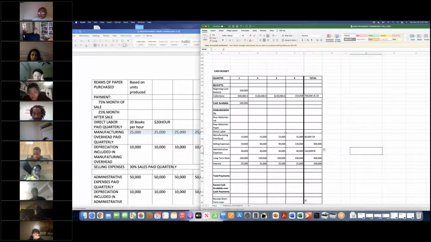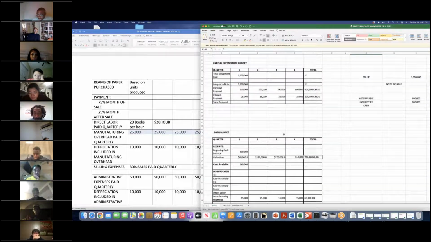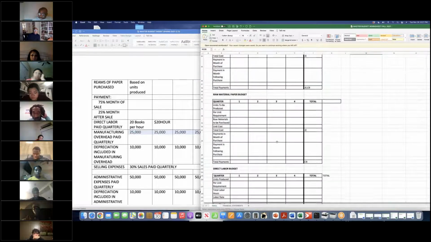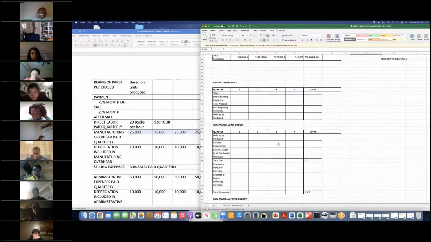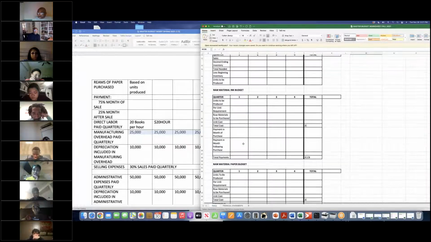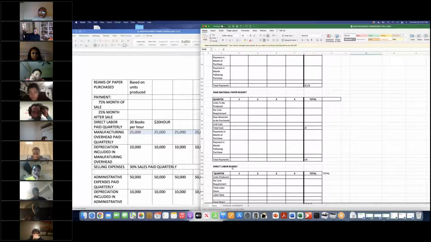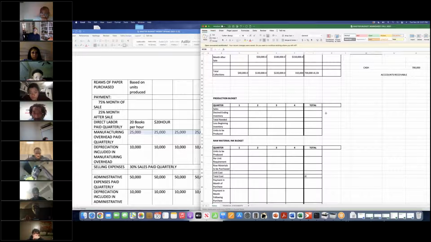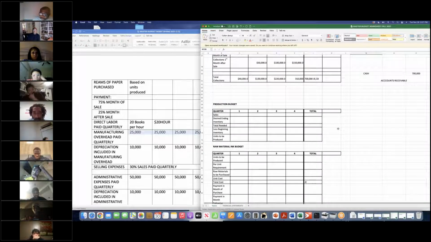Okay, so here, now we have to work with a little thought process to get the ink, the paper, and the labor. And we'll come back, we're going to do labor first. We have to see how many we're going to produce each quarter.